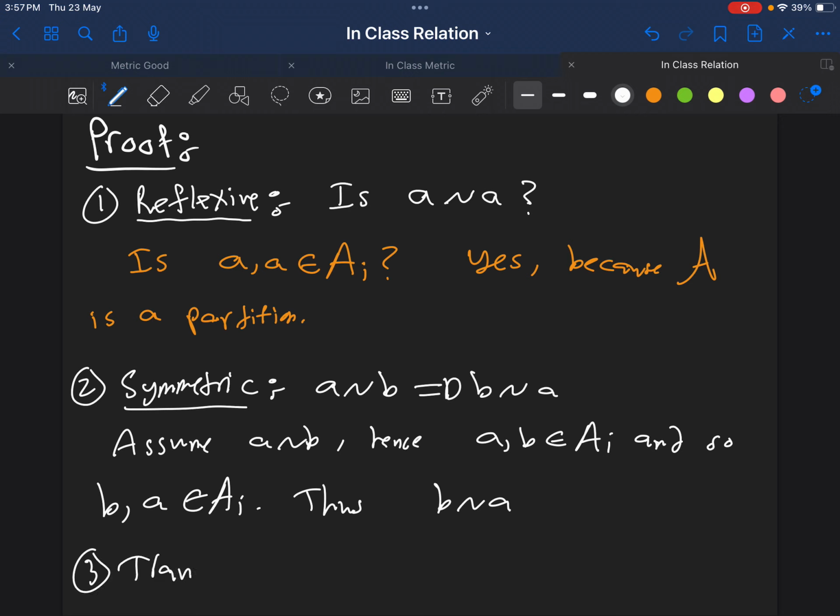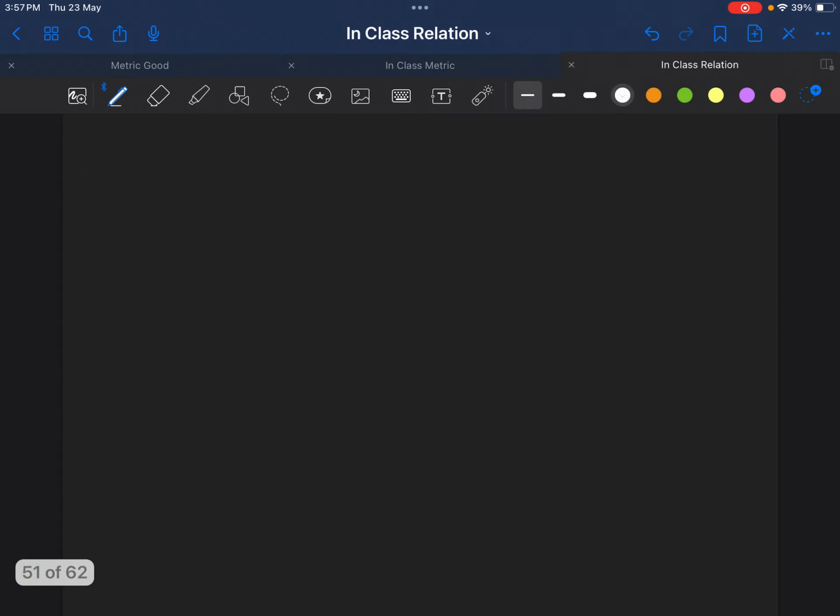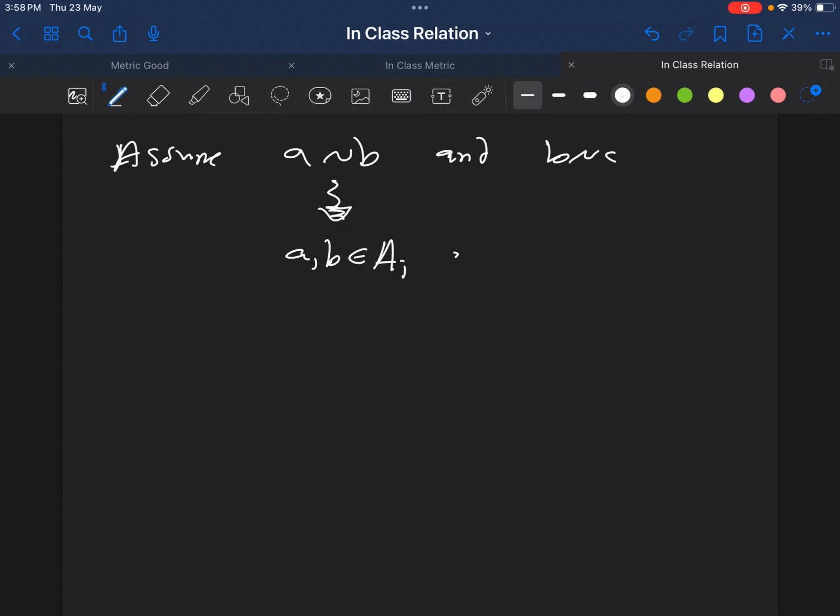And the third one, transitive, which means if we have A related to B and B related to C, then we need to prove that A is related to C. Of course, here it is also straightforward because assume A related to B and B related to C. Now, this means A comma B must be in A_i, and because B is in A_i, C will also be in A_i.